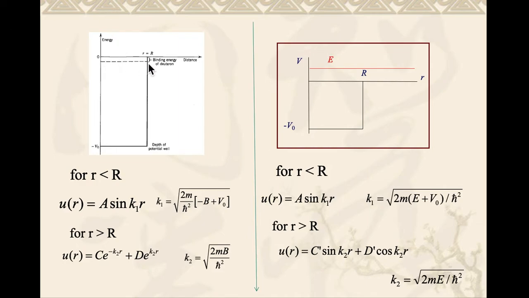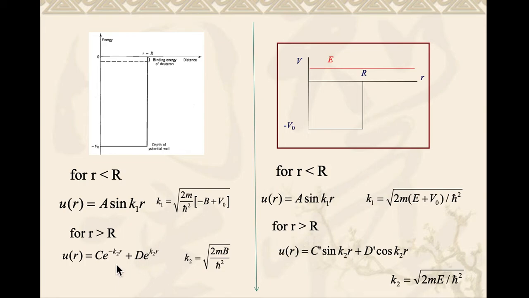Your energy was minus B, and here the energy is positive and other things remain the same. So for r less than capital R, the solutions were similar. A sin k1r, and here also it is A sin k1r, and here k1 was the root of 2m by h cross squared times minus B plus V0, and here we have just put it as E, and that E is a positive value.